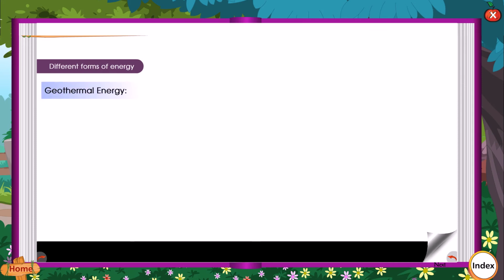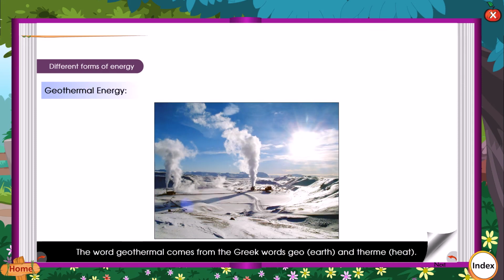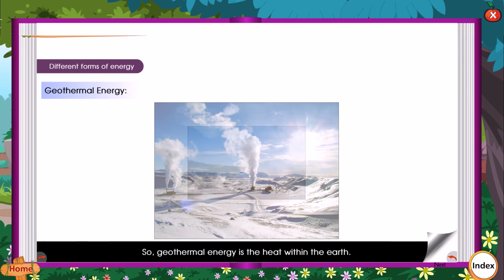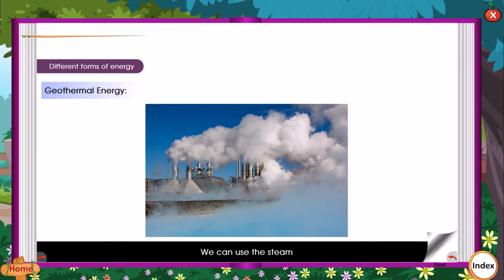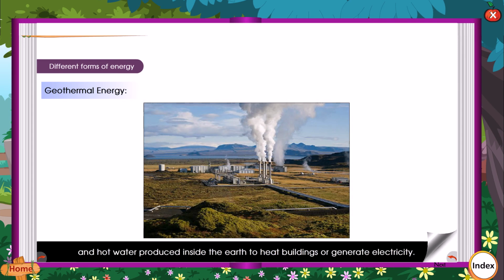Geothermal energy. The word geothermal comes from the Greek words geo, earth, and therme, heat. So, geothermal energy is the heat within the earth. We can use the steam and hot water produced inside the earth to heat buildings or generate electricity.